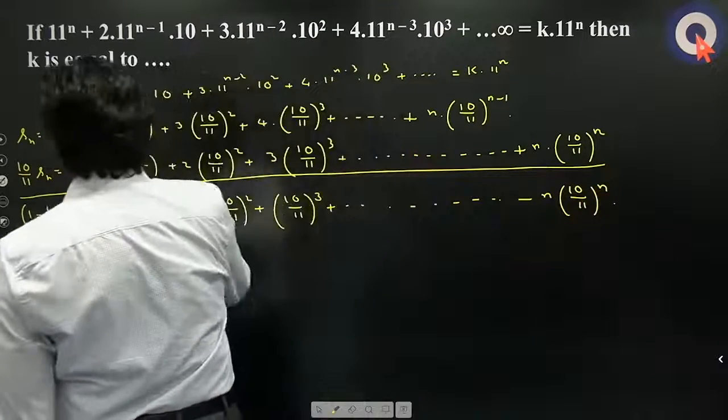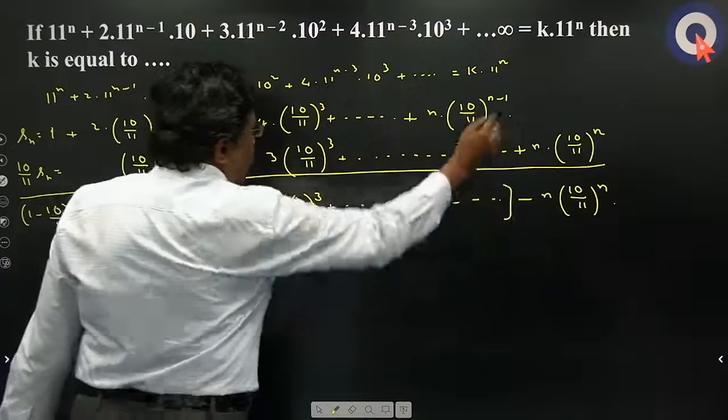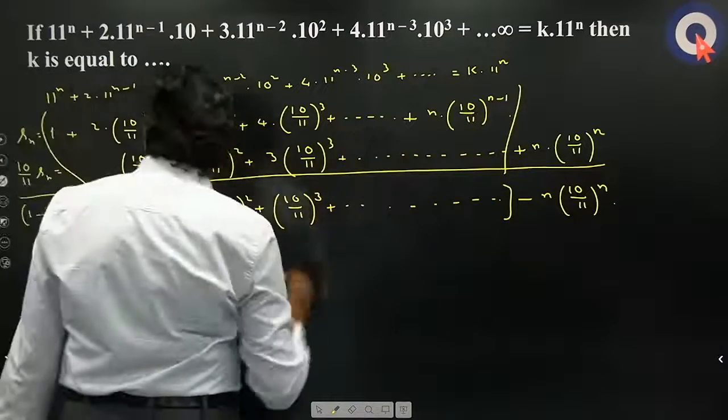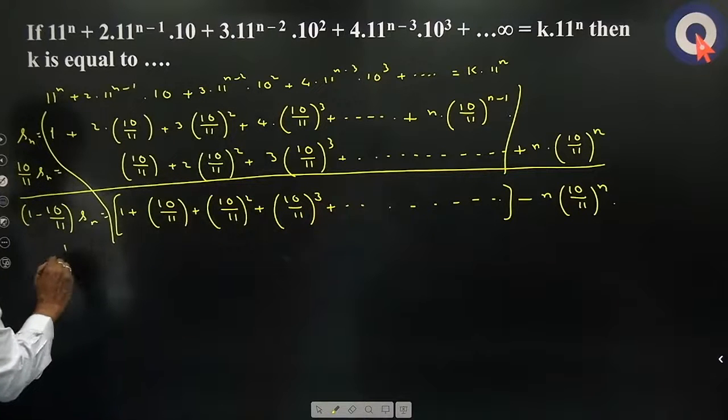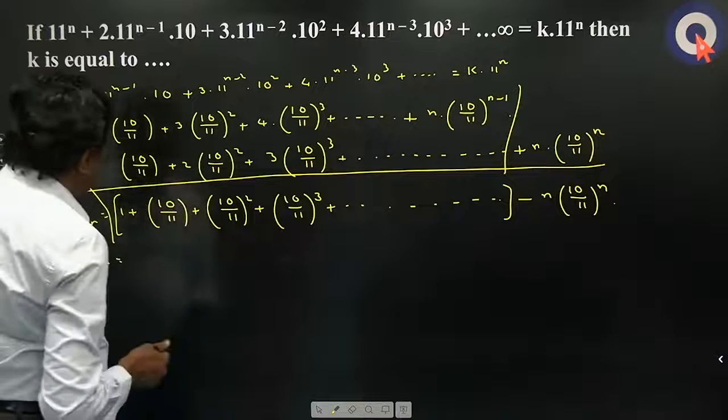All right. So from here to here you have n terms. So 11 minus 10 is 1 by 11. Sn is equal to, now it's a clean GP.